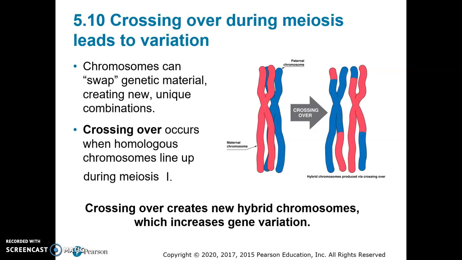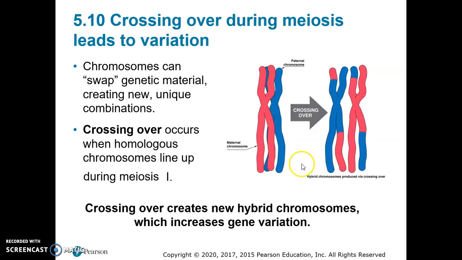So in metaphase 1 of meiosis, when those homologous chromosomes form the tetrad and they find each other forming that tetrad, they get really close. And so what happens is the DNA can literally break off and swap positions, swap locations with its homologue, so with its homologous pair.